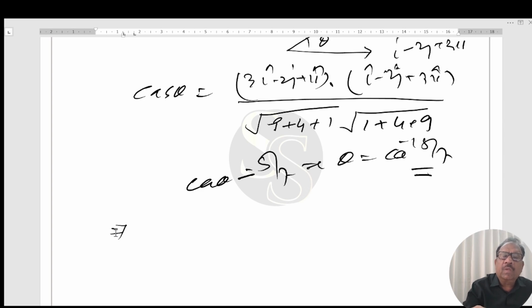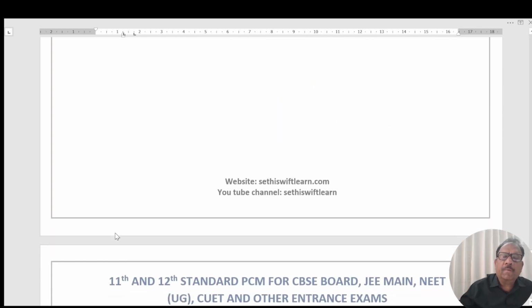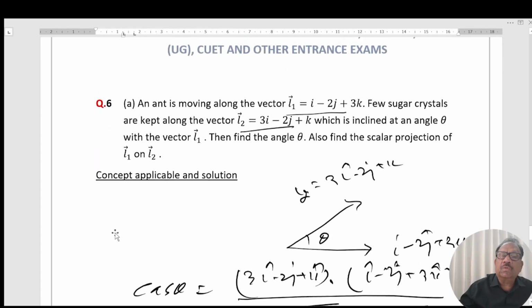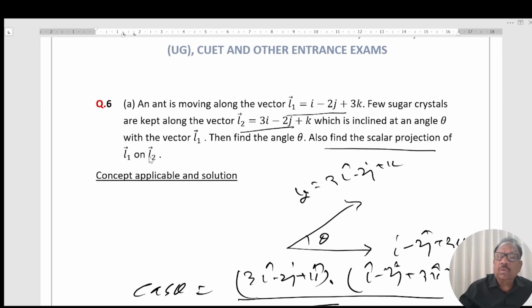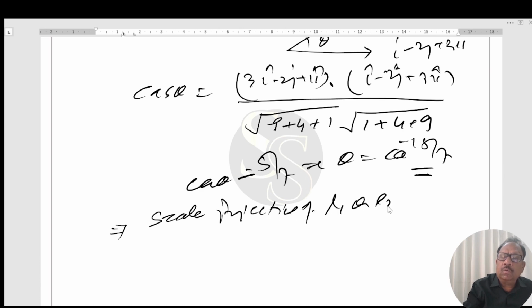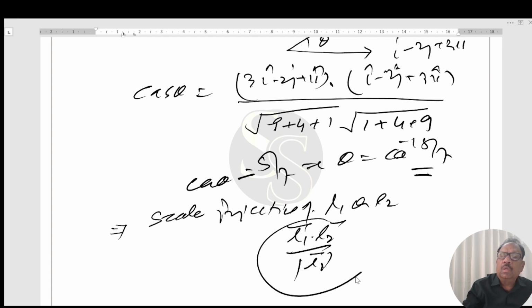Next question is completed. Next part of this question: also find the scalar projection of L1 on L2. The scalar projection is L1 dot L2 divided by the magnitude of L2.